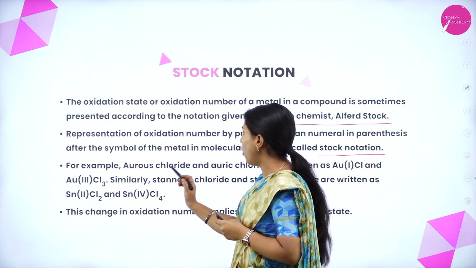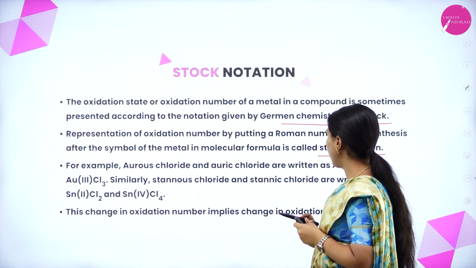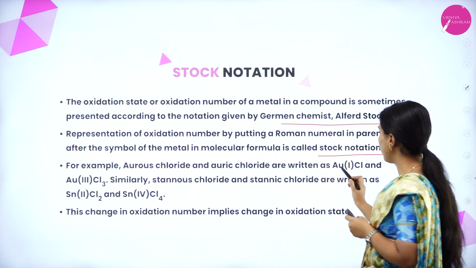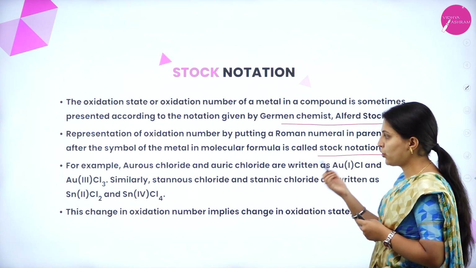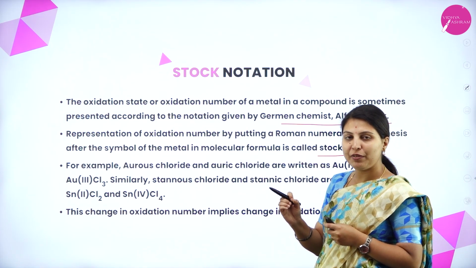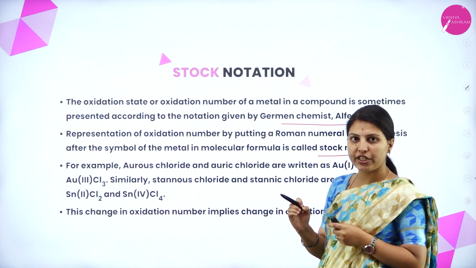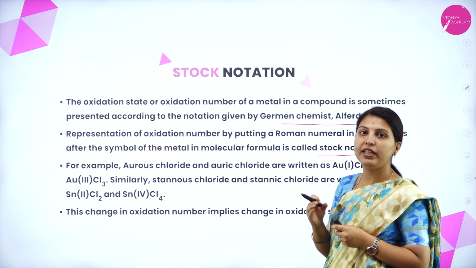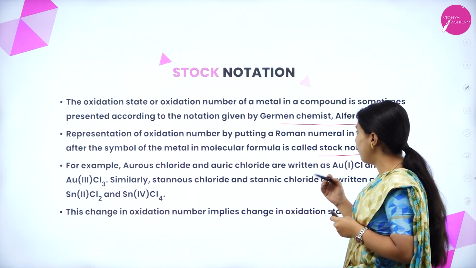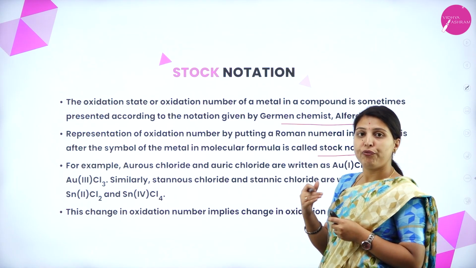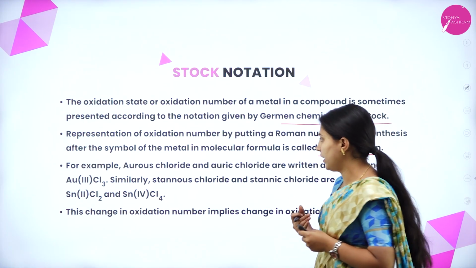For example, aurous chloride and auric chloride are written as, here aurous I, auric III. Usually, OUS will be having less oxidation number, IC will be having more oxidation number. Ferrous plus 2, ferric plus 3, like that.